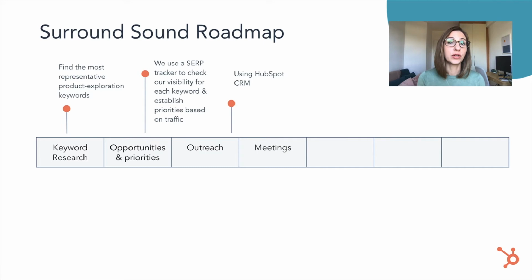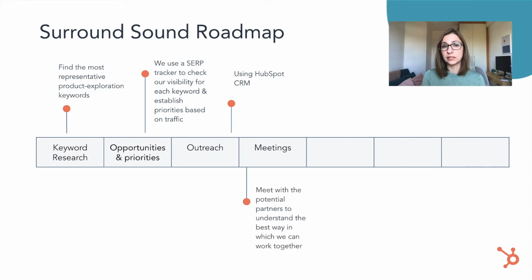Then I try to book a meeting with those people that manage the results where I feel like HubSpot products could be mentioned. That is because during an actual meeting, whether that's Zoom right now, when you can't really meet with people face to face, that's the best way to really understand what that person's or that business's goal is, how we could potentially work together, and what are the best ways in which we can collaborate.